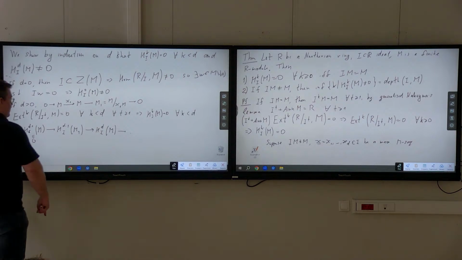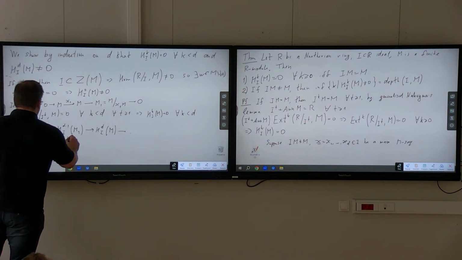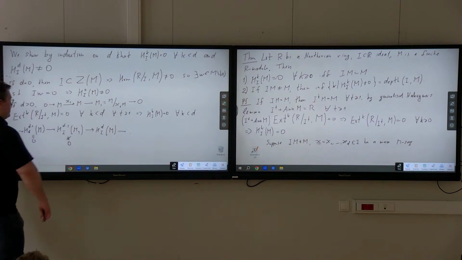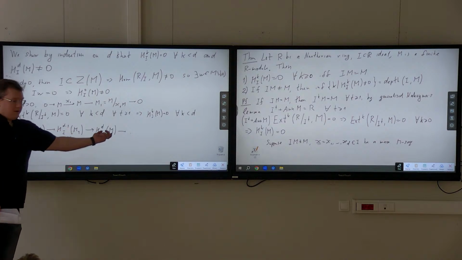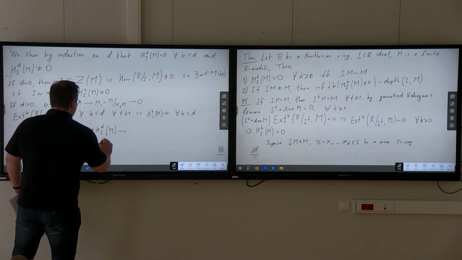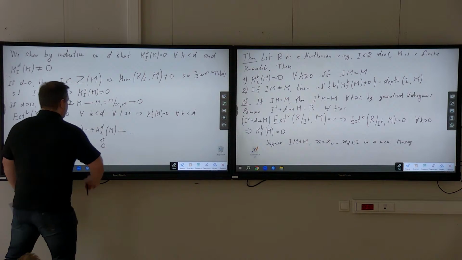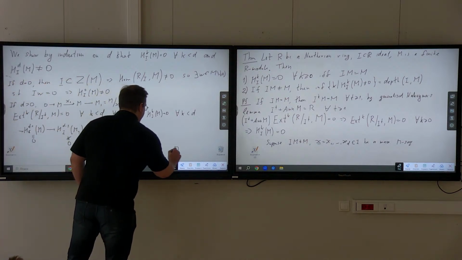And by the induction hypothesis, this is not 0, right? So it means that this nonzero module is embedded here, hence this is also not 0. End of the proof.